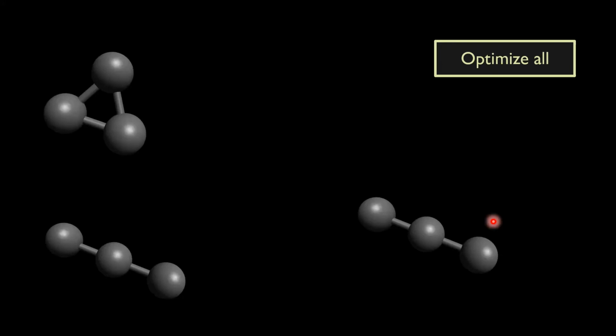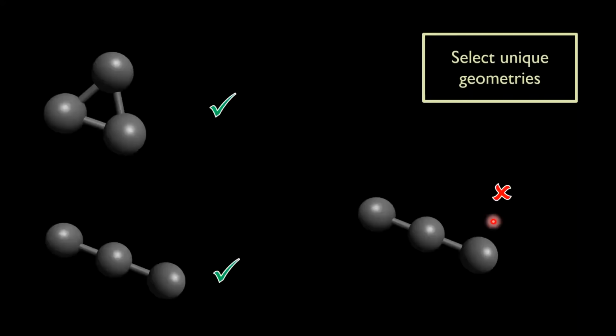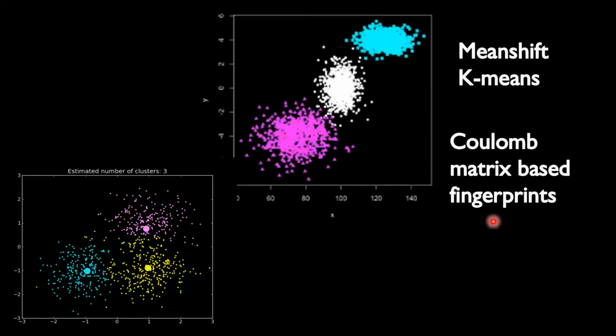So if we keep both of them, that is a waste of resources. So we will have to select some unique geometries out of this. The third geometry is not required because it is the same as the second geometry. So how is it done? We use some machine learning techniques to automatically select the structures.